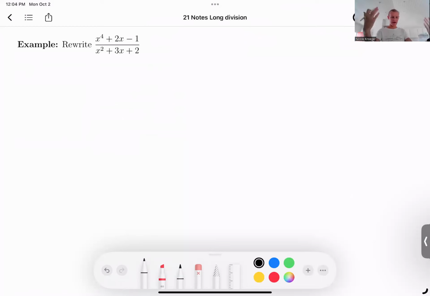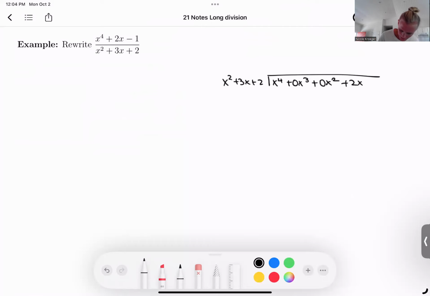So once again, the power in the numerator is higher than the power in the denominator here, so we need long division. So I have my x squared plus 3x plus 2 on the outside. Inside I have x to the 4th plus 0x cubed plus 0x squared plus 2x minus 1, remembering to put that 0x cubed and 0x squared term in there. Now I say, what do I multiply by x squared to get x to the 4th?